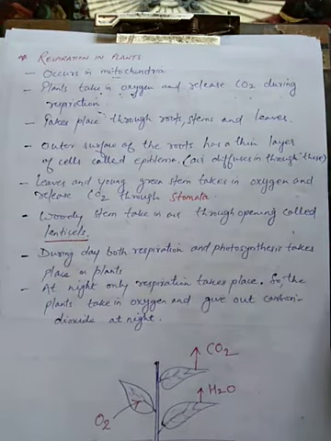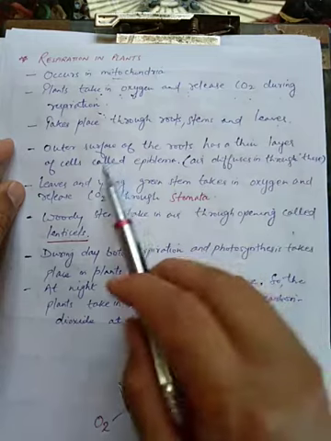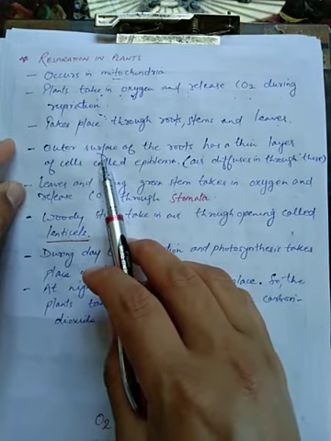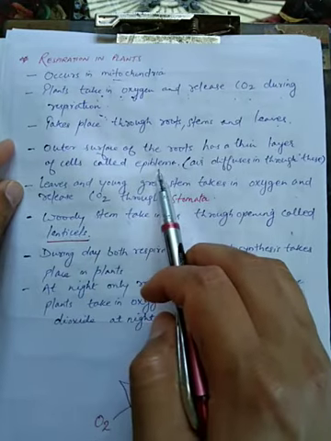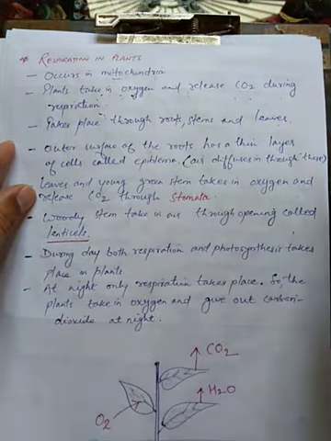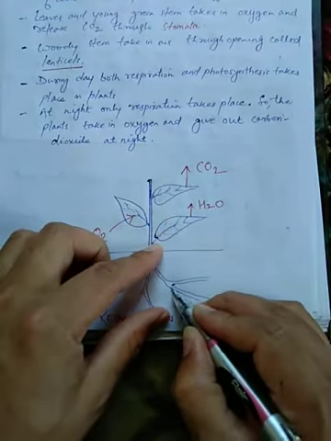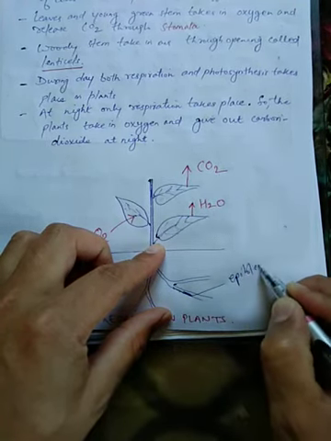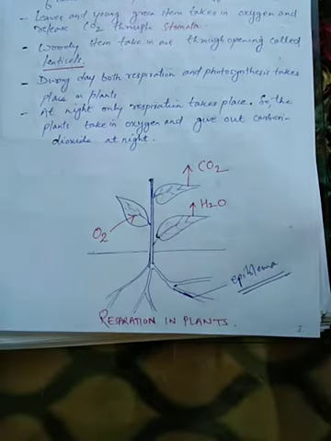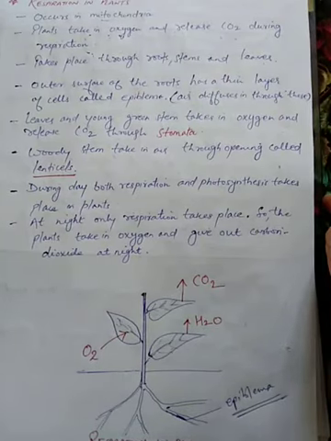Now these plants take in oxygen through root, stem and leaves. Now students, one important point: the outer surface of the roots has a thin layer of cells called epiblema, and through these cells the air which is trapped in the soil diffuses inside.